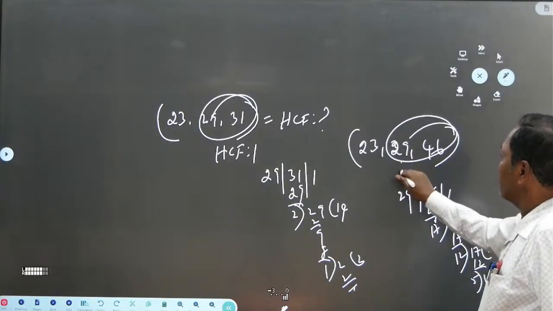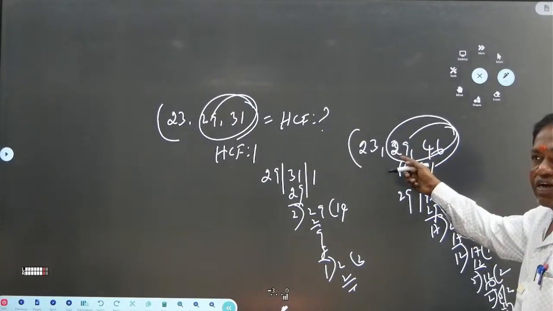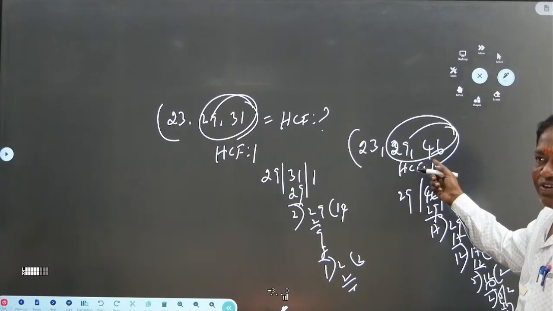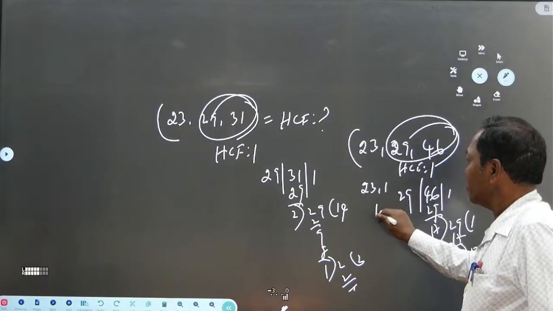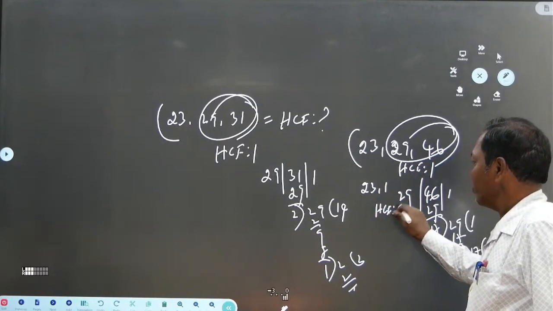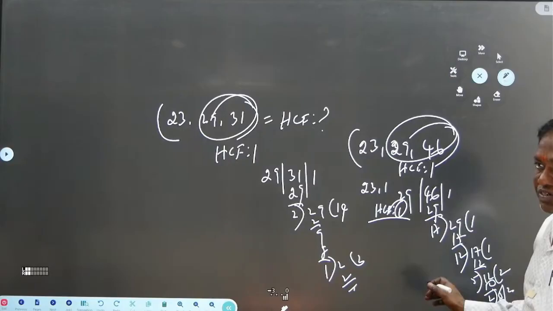For this you will have HCF is 1. But this is one odd number and one even number. You will get 1, and 23 and 1, naturally HCF is 1 only.